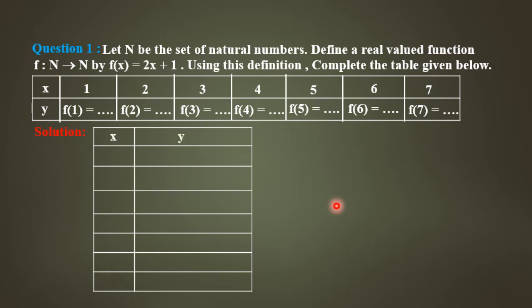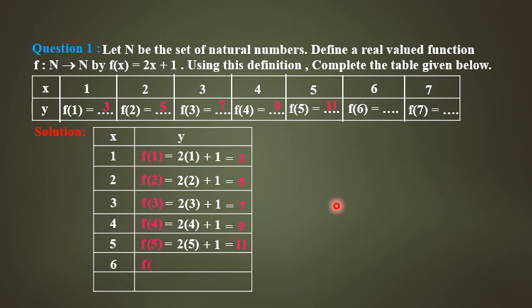Let us make the table of x, y values. f(1) is 2 plus 1, which is 3. For x = 2, f(2) is 5. f(3) is 7, f(4) is 9, f(5) is 11, f(6) is 13, and f(7) is 15.